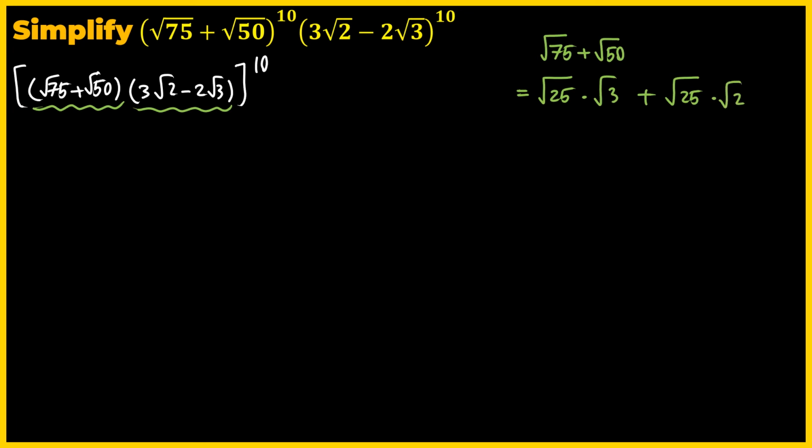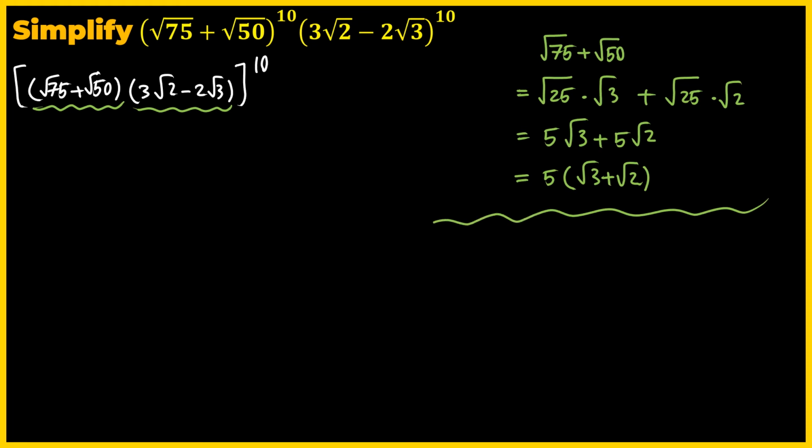And we all know that root 25 is 5, so we have 5 times root 3 plus 5 times root 2, and then we can pull out 5, and we get 5 times the quantity root 3 plus root 2. So root 75 plus root 50 is the same thing as 5 times the quantity root 3 plus root 2.